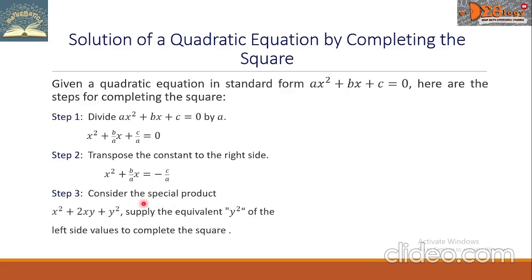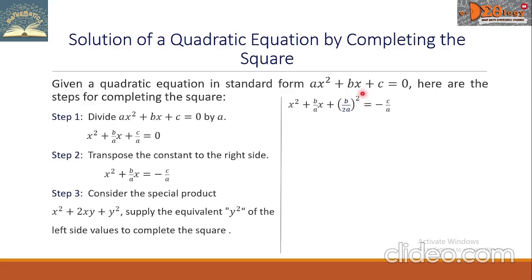Step 3. Consider the special product x squared plus 2xy plus y squared. Supply the equivalent y squared of the left side values to complete the square. So that equivalent y squared value is the b over 2a, that is power 2.